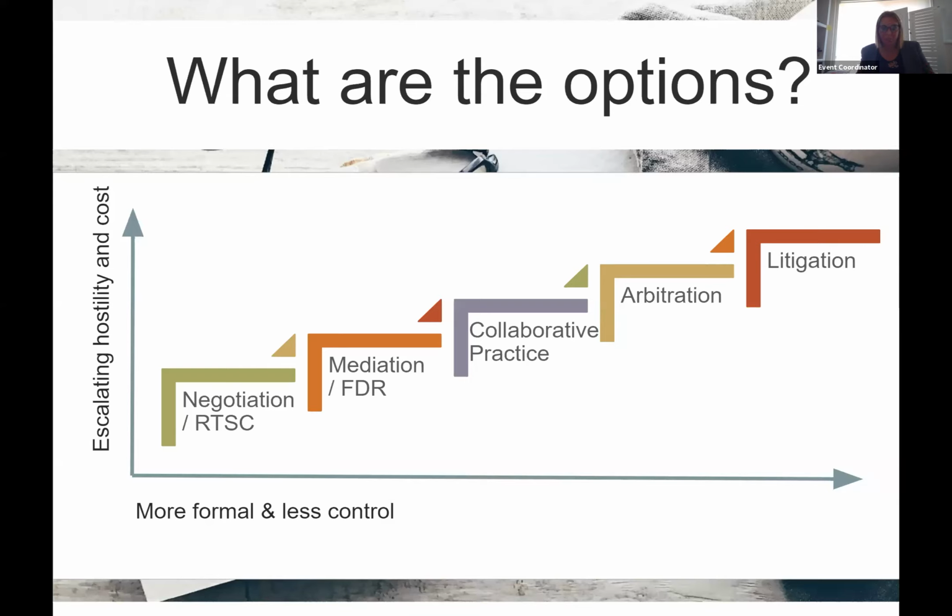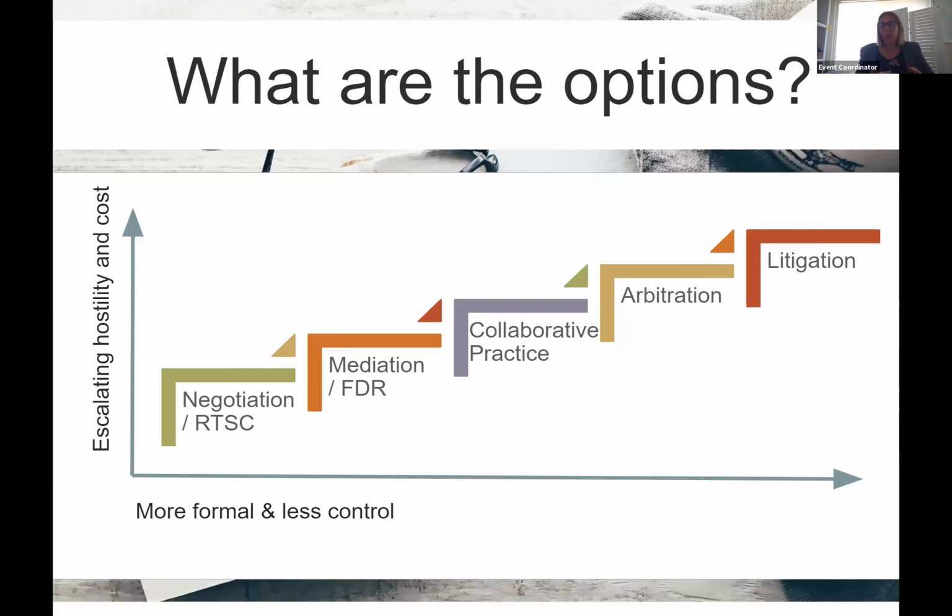structured way. Collaborative practice, just to introduce that to you, you may have heard that concept. It's about resolution without court. Similar to mediation, you do have lawyers involved. You generally do have a coach, like myself. I'm a trained collaborative coach who is facilitating the process, again, in a safe and structured way.